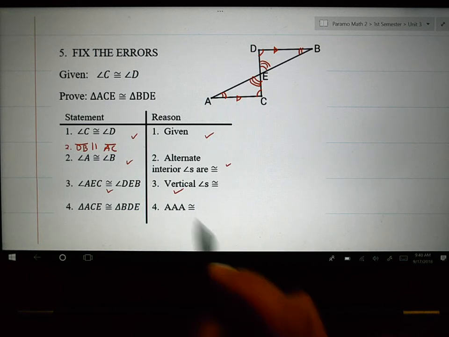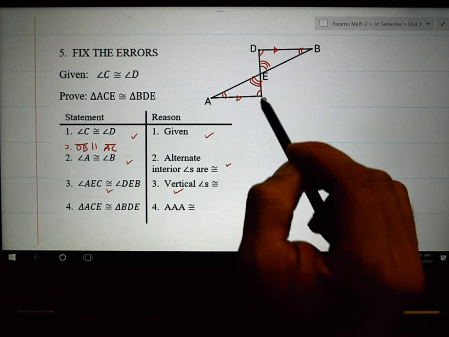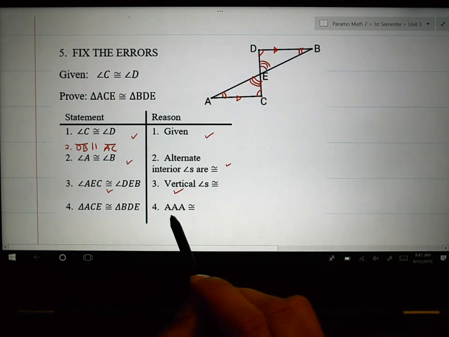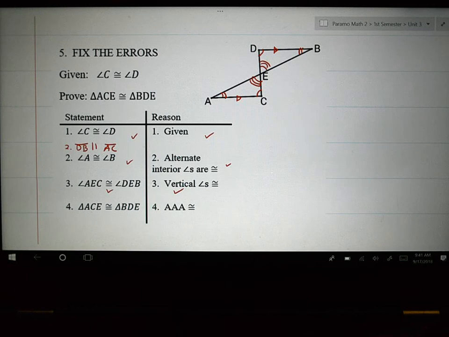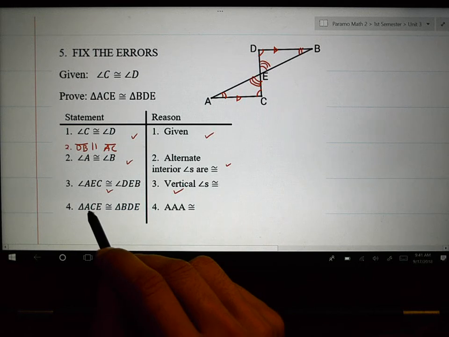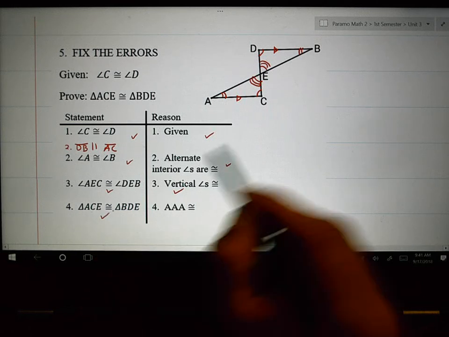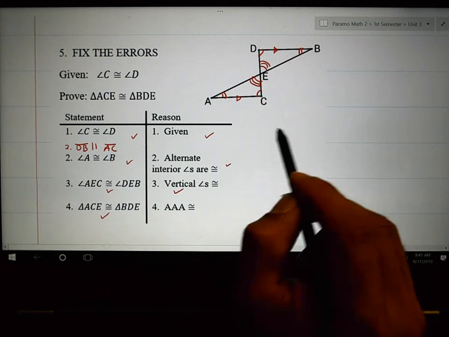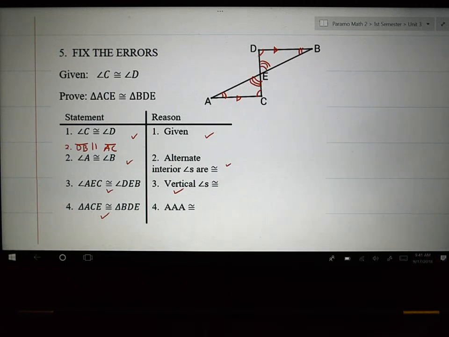The last thing says triangle ACE is congruent to triangle BDE by angle, angle, angle congruency. First off, does ACE match up with BDE? Is that the matching order? Double, single, triple, double, single, triple? Yes.